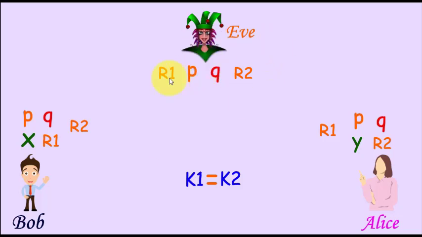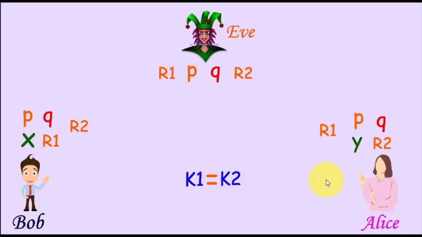So in this algorithm we saw how the key is calculated, and K1 is equal to K2. This is how the algorithm works.